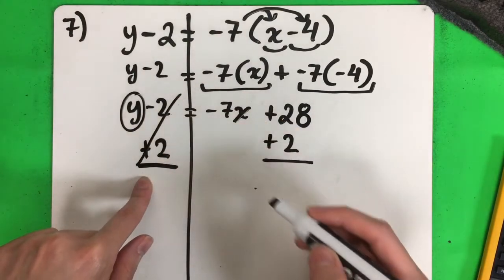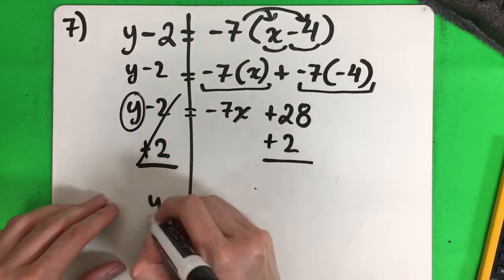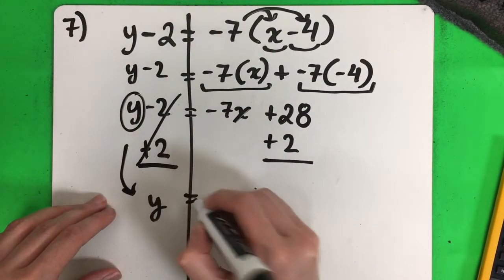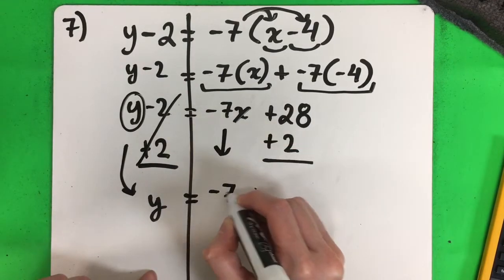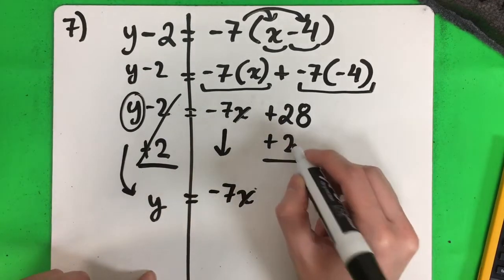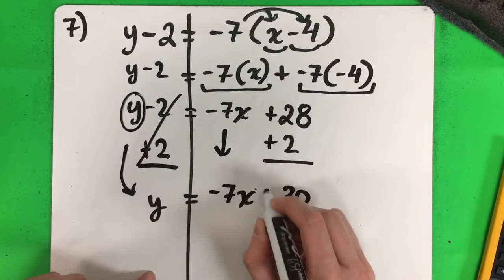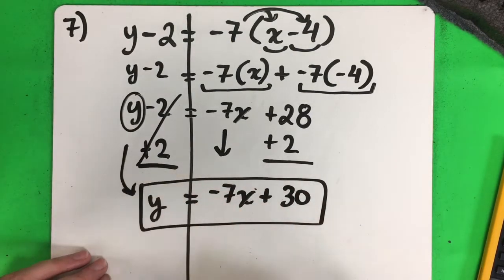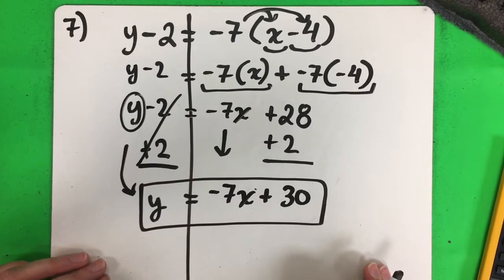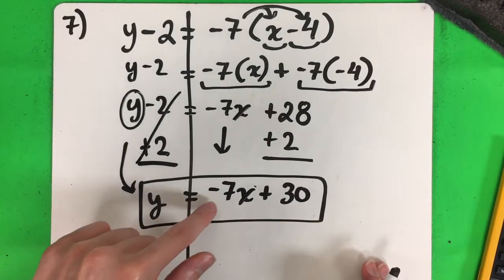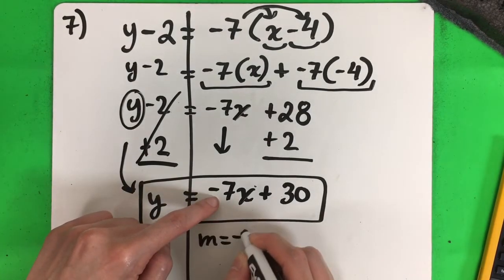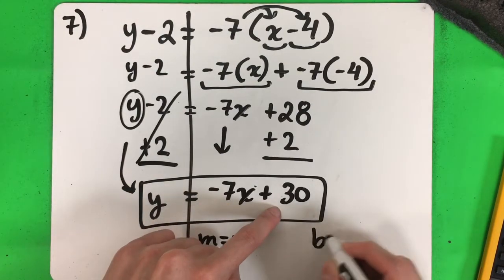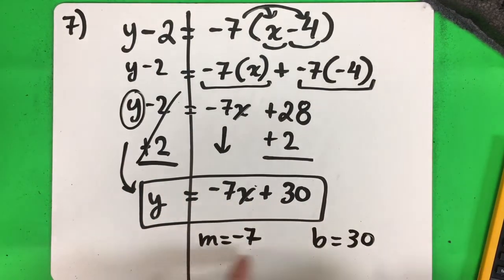This cancels at 0. Copy y equals, copy down negative 7x. 28 plus 2 is 30, positive 30. There it is. What is the rate of change or slope? The slope is negative 7, and the y-intercept is 30.